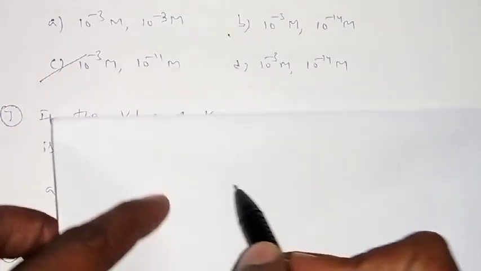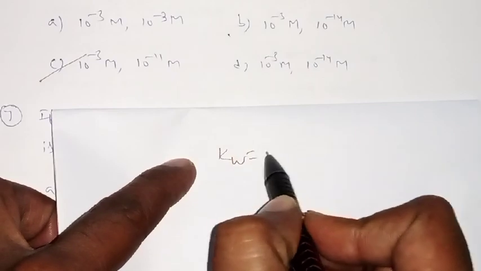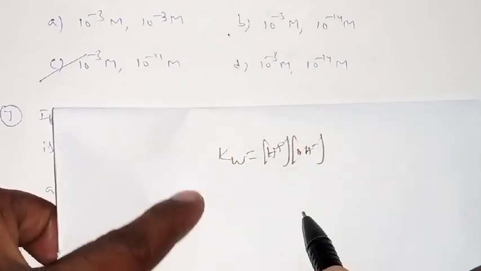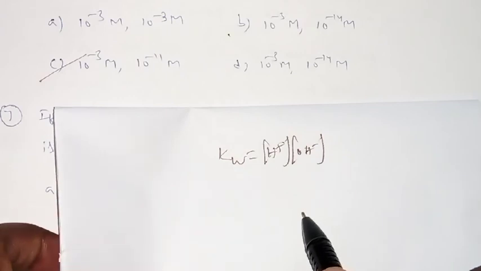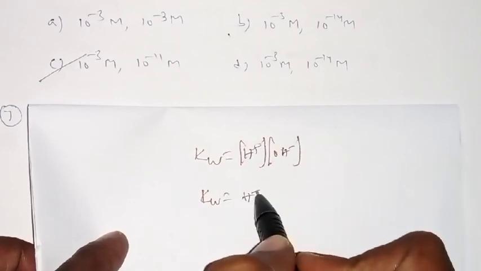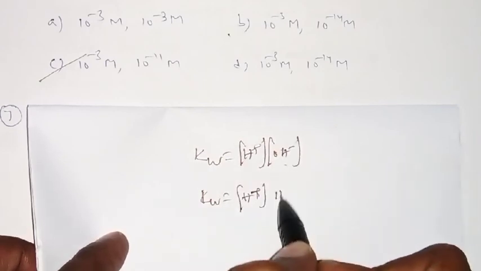Again the same formula. See, Kw equals H plus concentration into OH minus concentration. You know, as per the ionic product of water concept, at any temperature the H plus ion concentration must be equal to the OH minus ion concentration. So here what we require is H plus only. That is why Kw equals H plus into this value also converted into H plus.